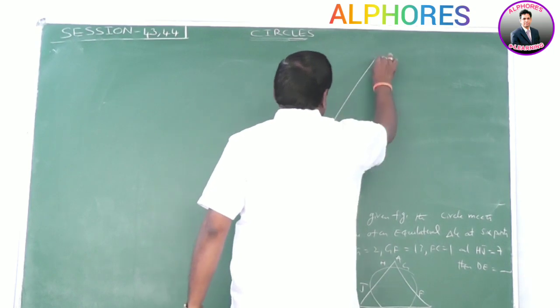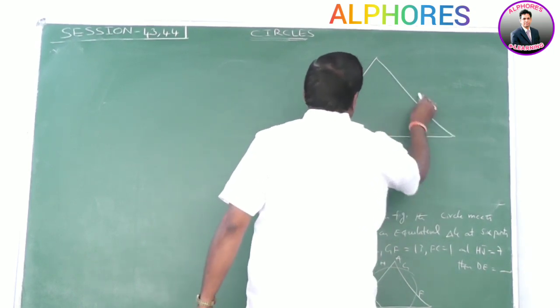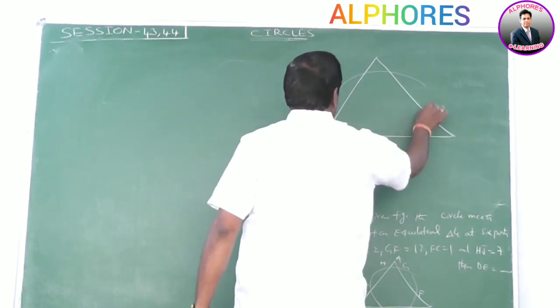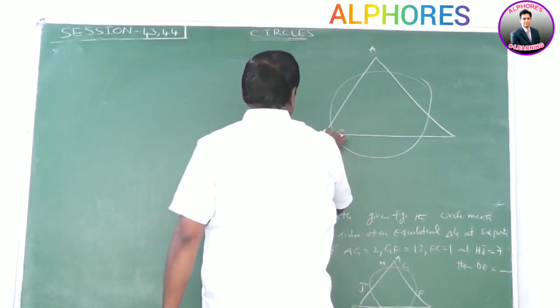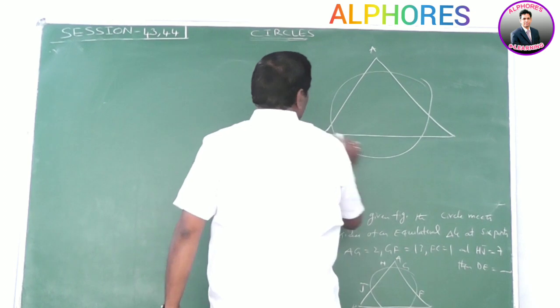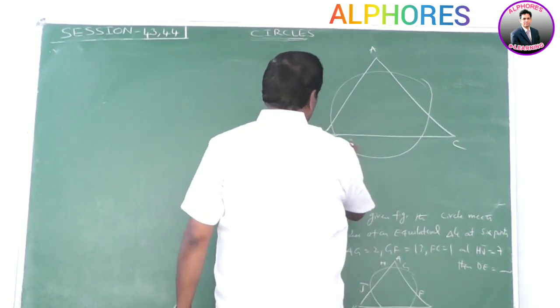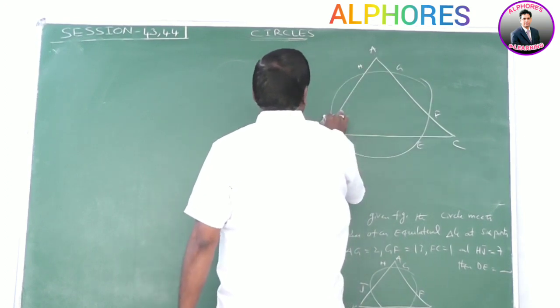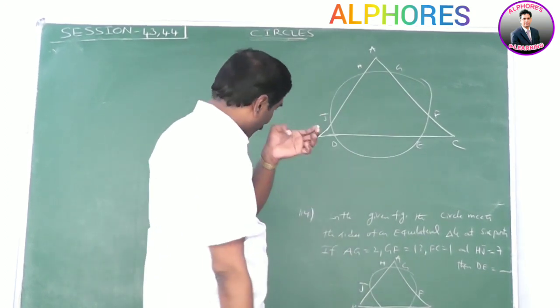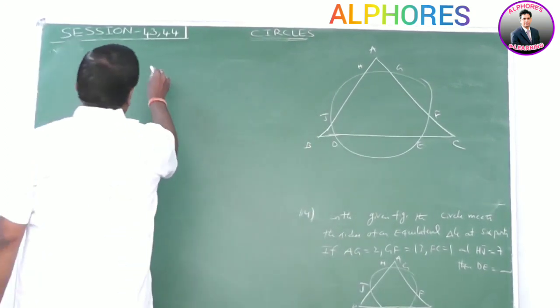It is an equilateral triangle. The circle cuts the triangle at 6 points. This is ABC. D, E, F, G, H, J. Okay. Here what is the value of AG?